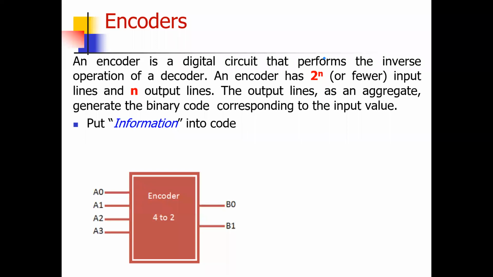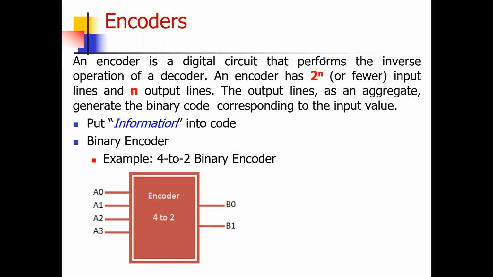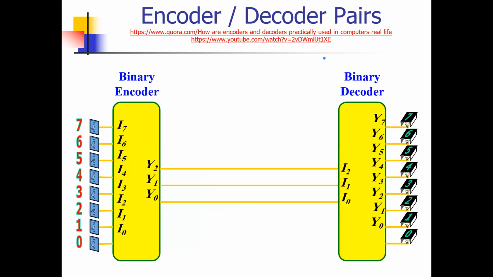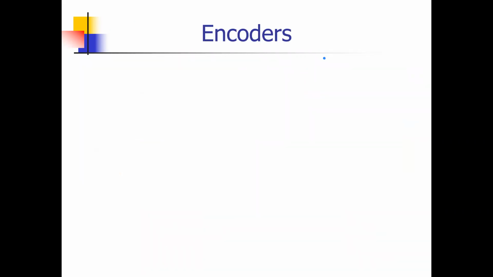Okay, and we will now learn encoder and decoder. So this is the encoder. The encoder is a 4-to-2 encoder. How will you make the truth table for this?